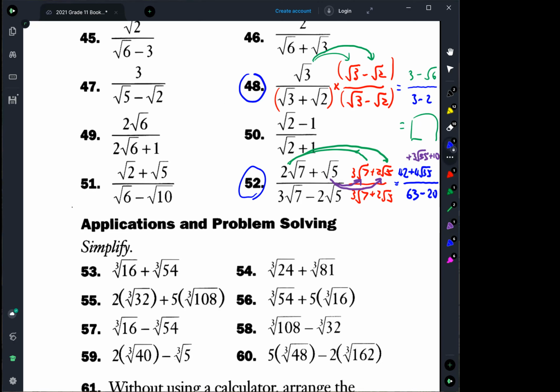The 2 square roots, the 3 root 35 and 4 root 35, which makes it 7 root 35. That's right. So you're not just multiplying, you also have to add or subtract them if possible.